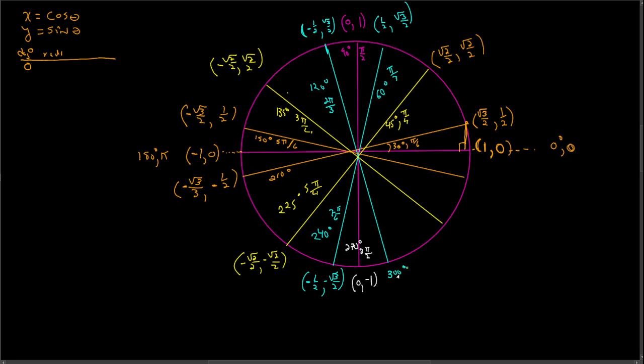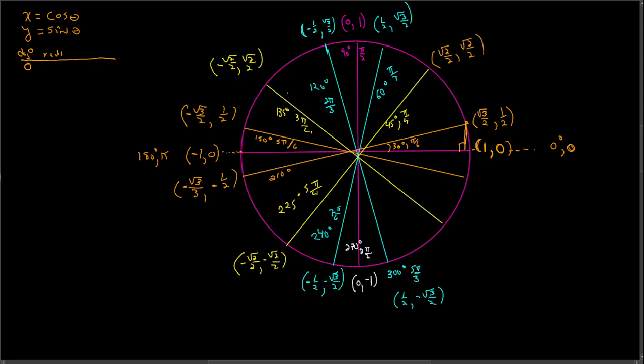So 5 pi over 3. And now cosine is going to be positive because we're in the fourth quadrant. So it's a positive 1/2. Sine is still negative, so it's negative root 3 over 2.